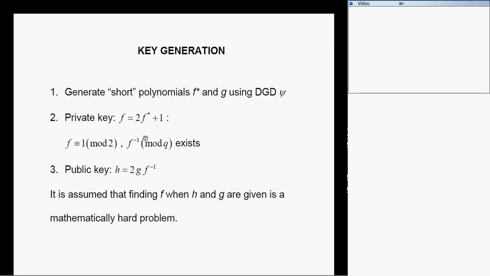The reason this requirement is introduced is because the public key h is defined using that inverse of the private key. The private key is accessible only to the owner, for example, who in this case will be able to decrypt the data. The public key can be used by anyone to encrypt the data.